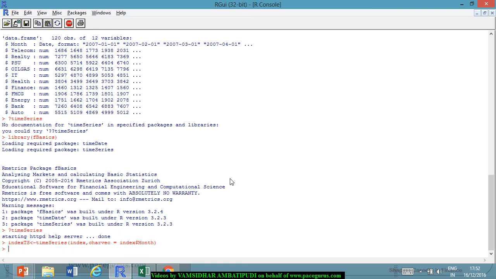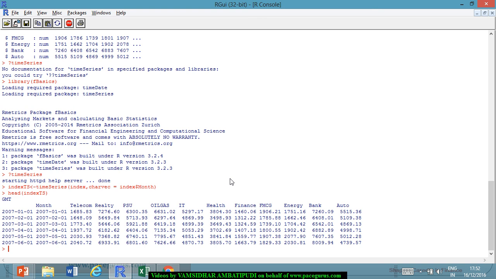So yes. If I look at index ts now, which has become a time series object, right? So we have got the character vector of this. Probably I don't need this column altogether. So what I'll do is I'll omit this column, index ts. I'll say index ts of all the rows. I'll take a subset.